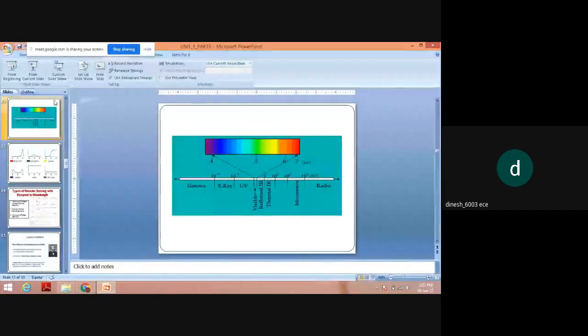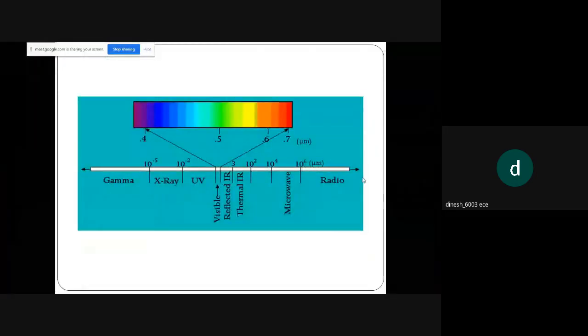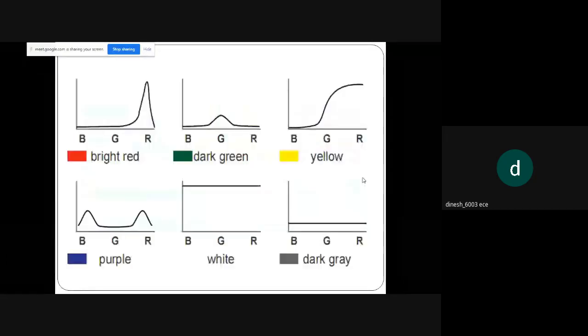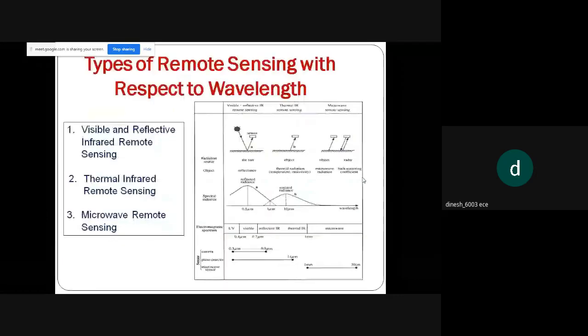Any queries in this electromagnetic spectrum region? If no queries, I'll proceed further to the types of remote sensing with respect to wavelength.